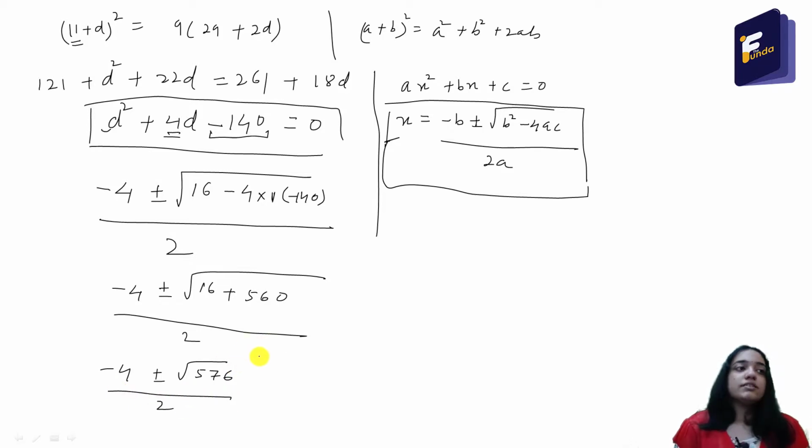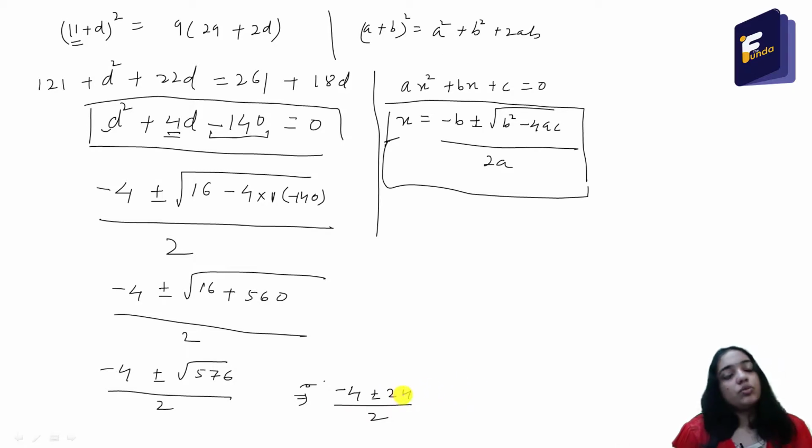Root over of 576 is 24. So this will be equal to minus 4 plus minus 24 by 2. So one value will be 20 by 2, that is 10, another value will be minus 28 by 2, it is minus 14. So these are the two values.